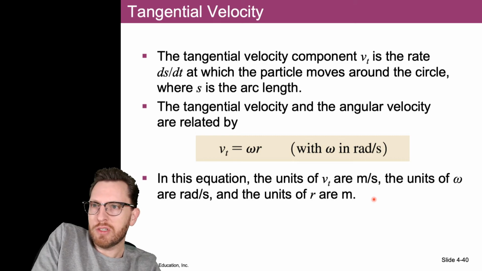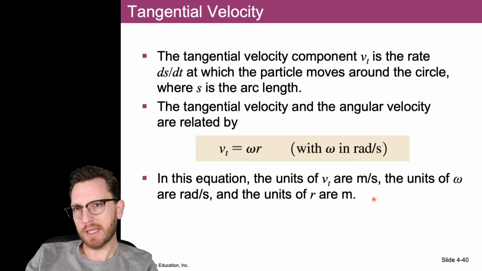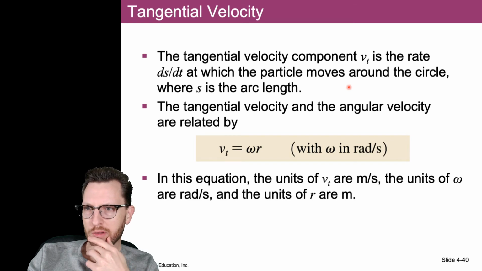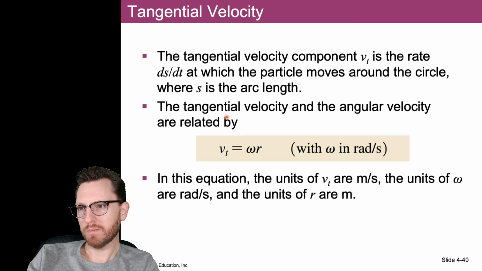The tangential velocity component is the rate, ds dt, at which the particle moves around the circular path. At any instant around that circular path, its velocity is pointing tangential to its trajectory. So the tangential velocity and the angular velocity are related together.